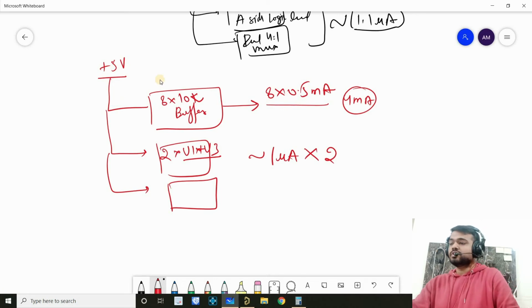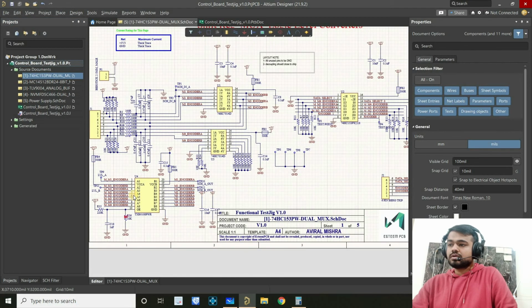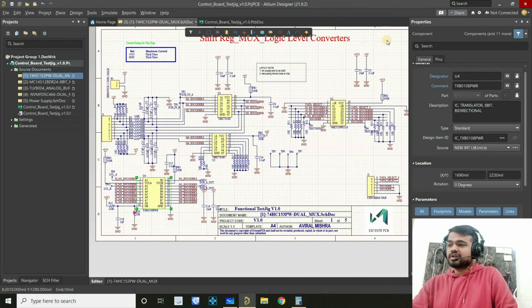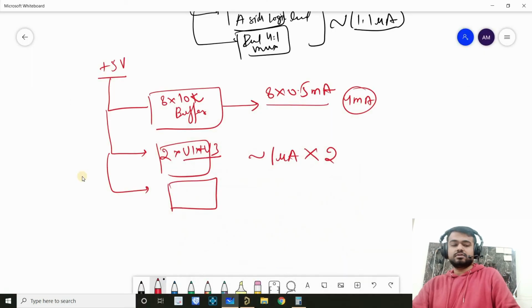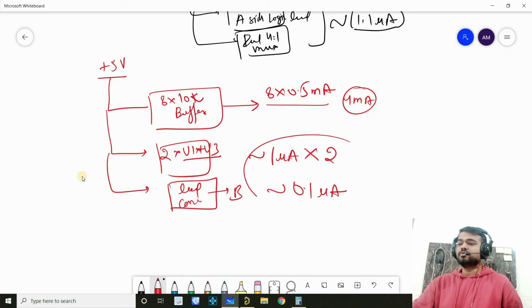Okay, let's see what U4 is. We have one level converter, and that is again some microamps, 1.1 microamps or so. The B side of the level converter is connected to 5 volt. That will be again some 0.1 microamp, right? So again we'll ignore this, which is approximately 0. For this one, we have 4 milliamps of load, right?